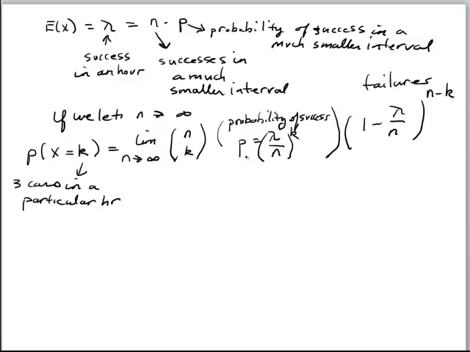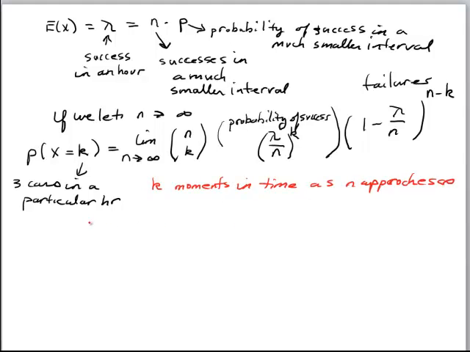So this is the p part right there, which is lambda over n raised to the k. I'm going to erase this p right there. We know that that's what it is. This is the p, probability of success. This is the q, probability of failure. And I'm going to write this down so it's very clear. We've got k moments in time as n approaches infinity.